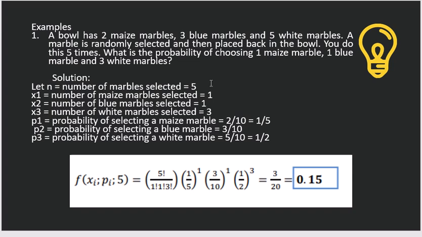This is the selected, our x sub 1. These are the three. So this is multiplied by 1 over 5, 3 over 10, and 1 over 2, raised to those. What is that raise? That is the condition, our x. So you have 3 over 20, which is equivalent to 0.15.